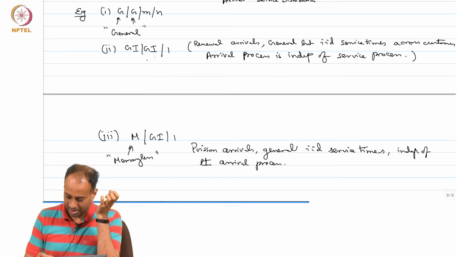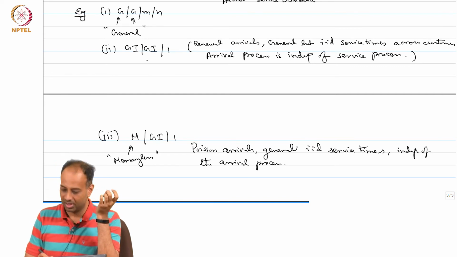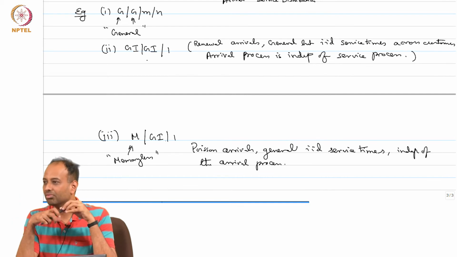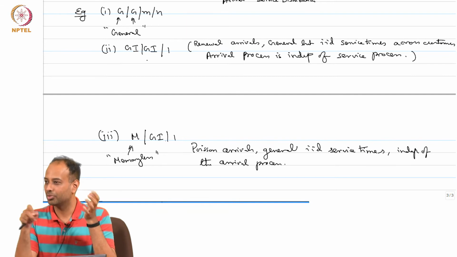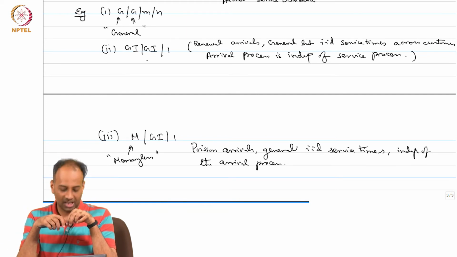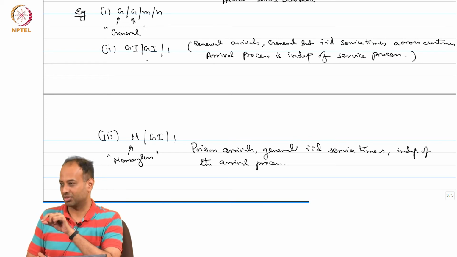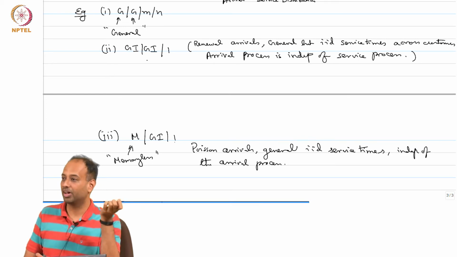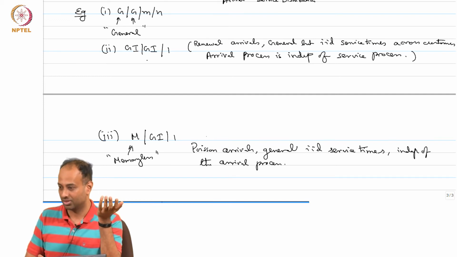Sometimes some authors do not even use the I; when they say M/G/1 queue they mean M/GI/1 queue. But potentially they could be correlated, or they could even be non identically distributed across customers. M/GI/1 means IID across customers, and independent of the arrival process. It could be any distribution, but it is the same distribution for each customer, independent across customers and independent of the arrival process. That is what this notation means.